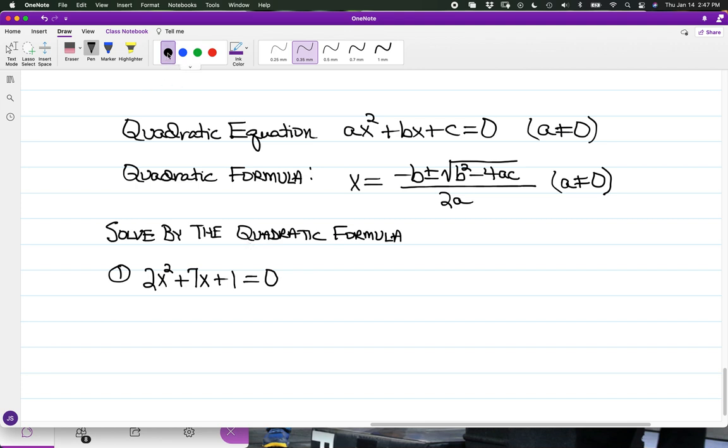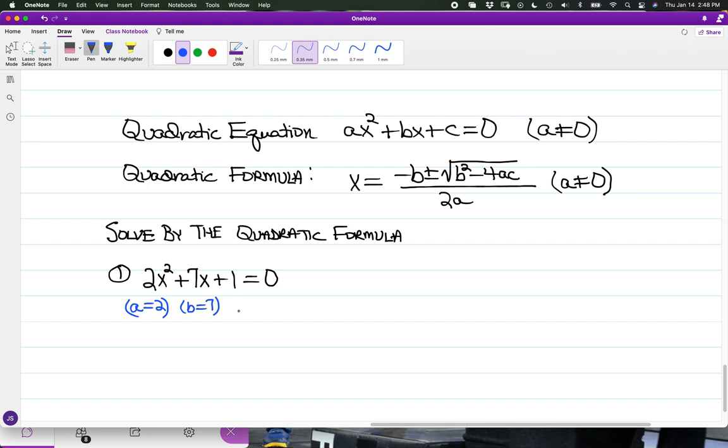But we do have recourse, because we have a quadratic formula approach, and the equation is in standard form. Looking at the layout, a is the leading coefficient, 2. The bx term is represented by 7x, so b is equal to 7.